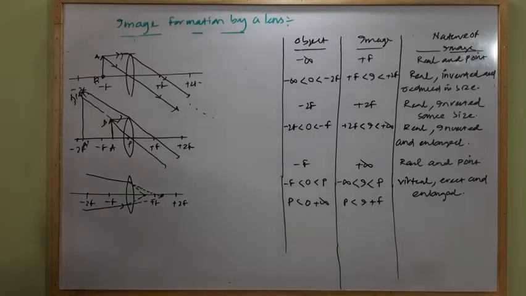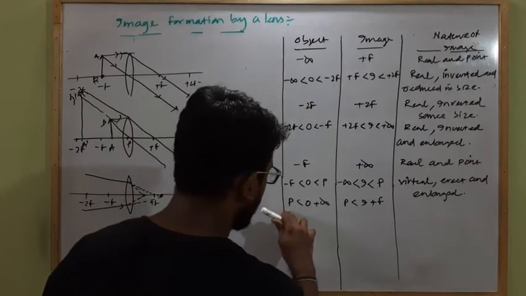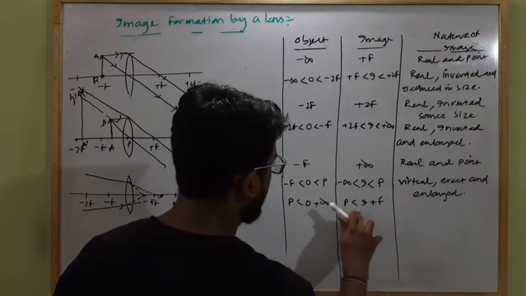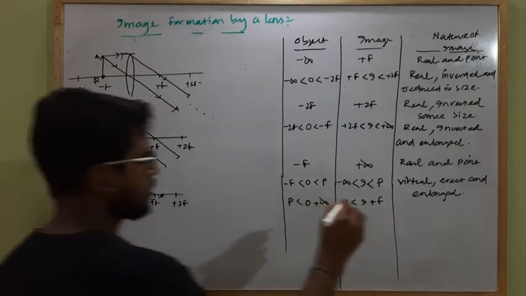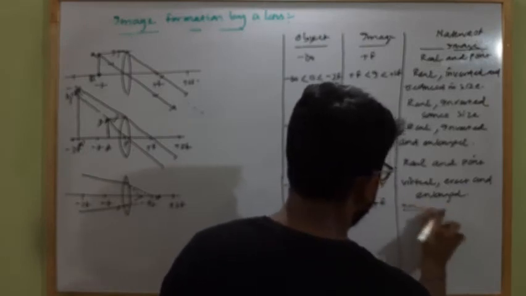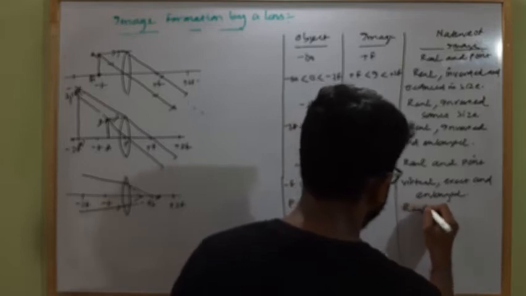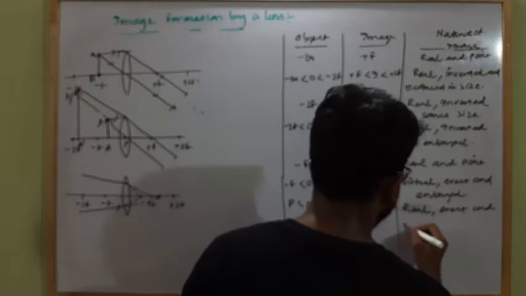Clear? So when the object travels from the pole to plus infinity, the image will travel from the pole to plus f. So here the image is real, erect and reduced in size.